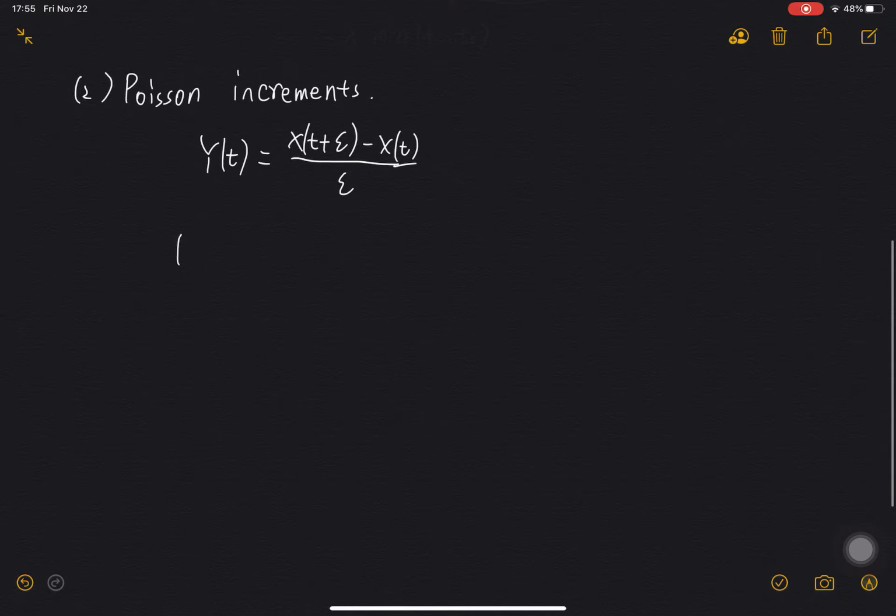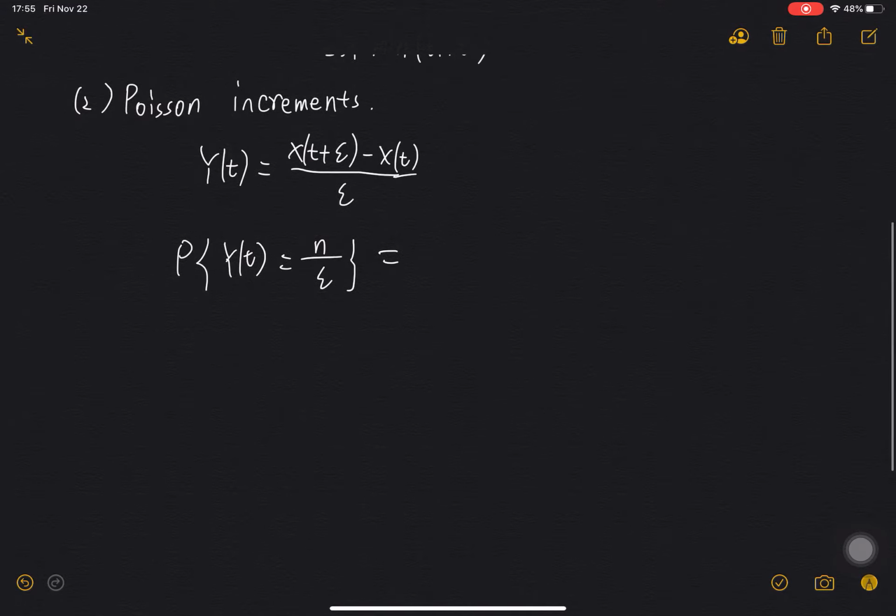Also the probability of Y(t) equals n over epsilon is the probability times Y(t) equals n.